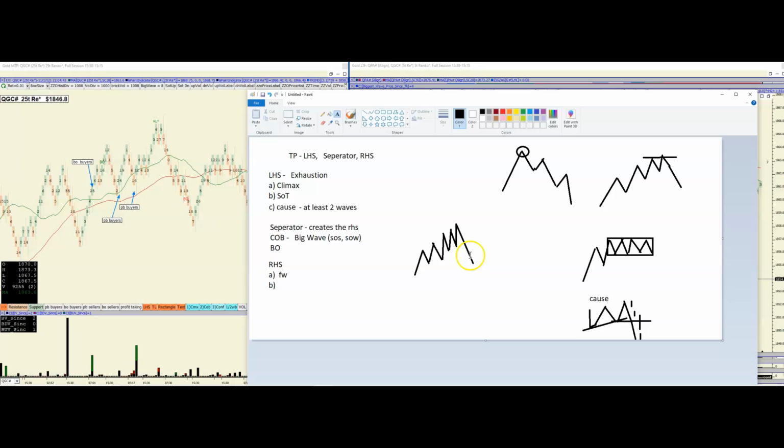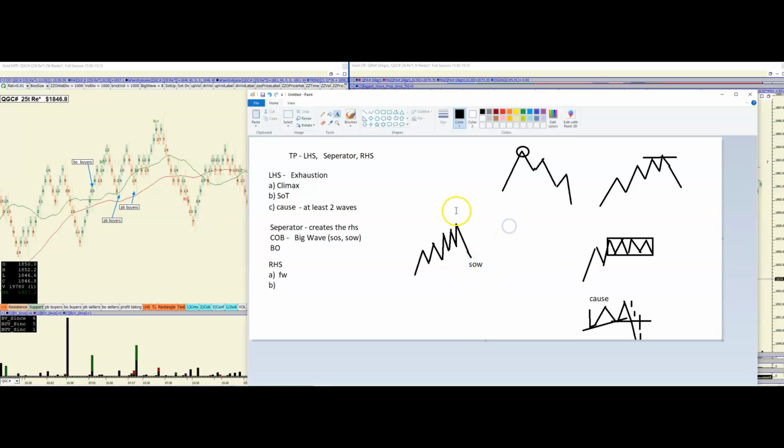Anyway, let's just call this your sign of weakness. I don't like it when it overextends too much, because then the pullbacks get too oversold. But anyway, let's just call it sign of weakness. There, much better. A little bit more. All right, whatever. This is your sign of weakness.